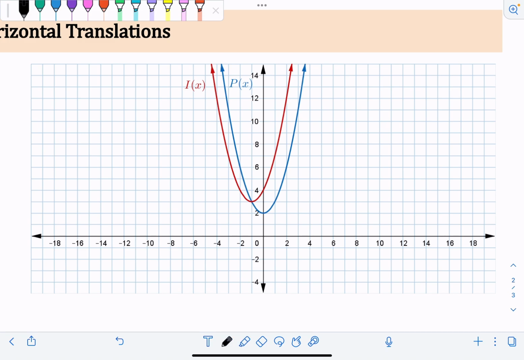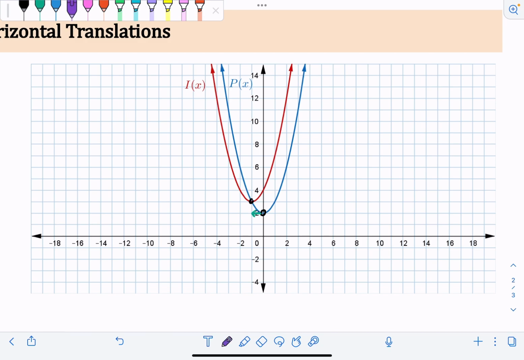So on p of x, that's the blue graph, the vertex is right here at 0, 2. And then on I of x, which is the red graph, the vertex is right here at negative 1, 3. So we just have to figure out how we get from 0, 2 for p of x to negative 1, 3 for I of x. Okay, so you can see we got to go left 1.